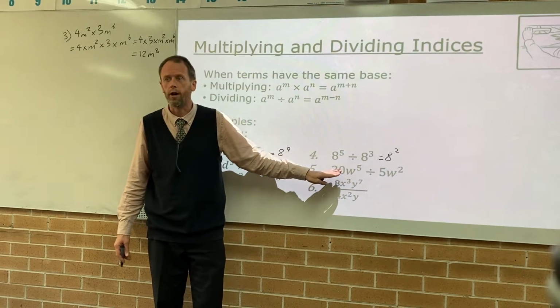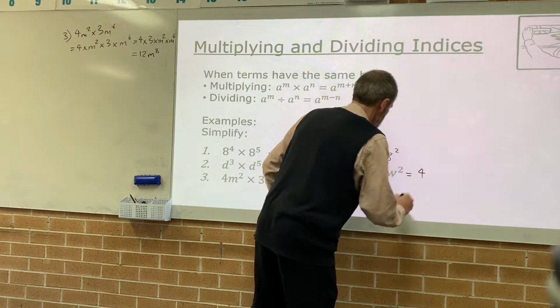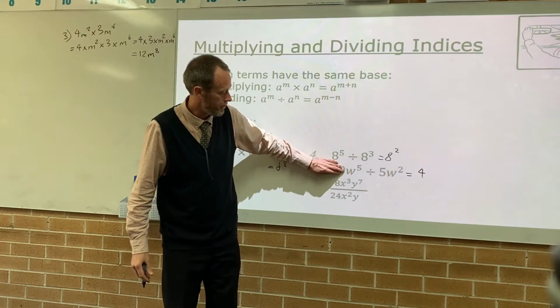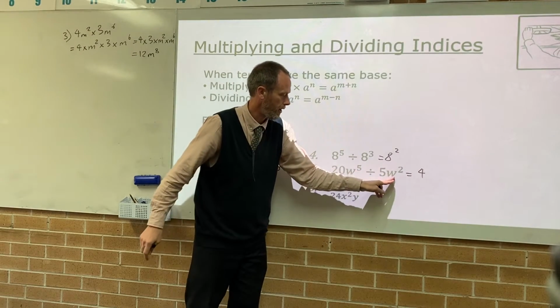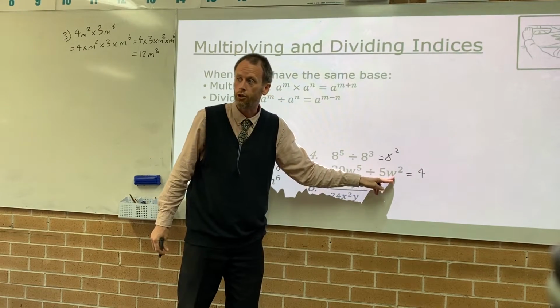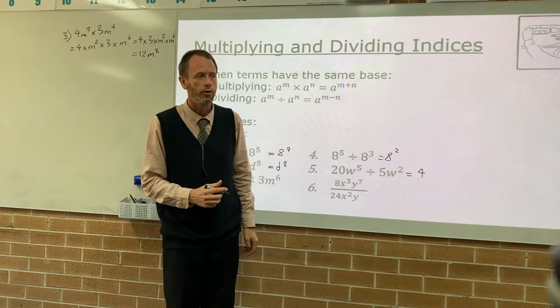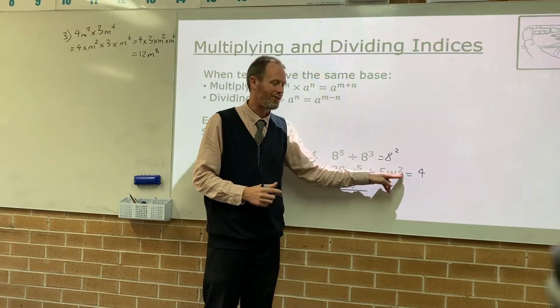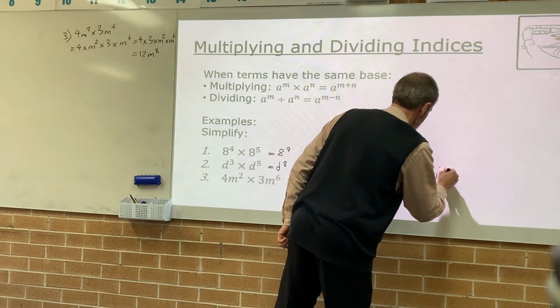What's 20 divided by 5? Yeah, someone's giving me the fingers of 4. And we've now dealt with those two numbers out the front. W to the power of 5 divided by W to the power of 2 would leave me with W to the power of 3, because 5 minus 2 is 3. W to the power of 3.